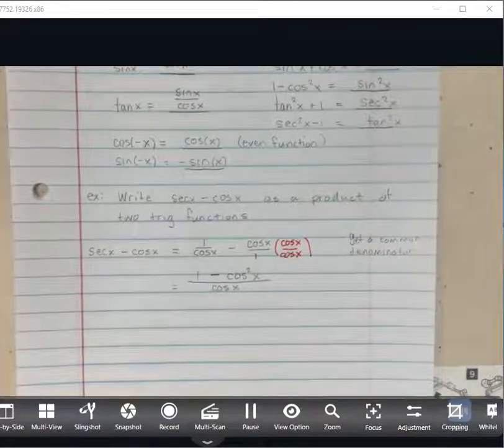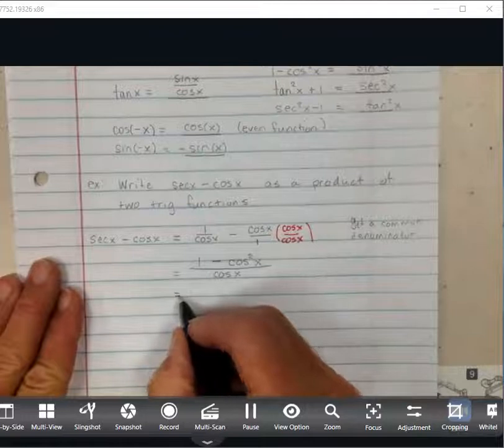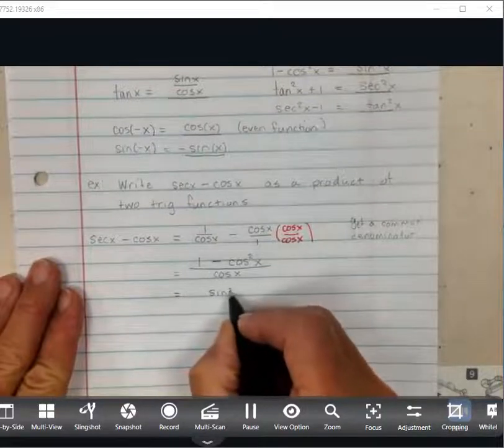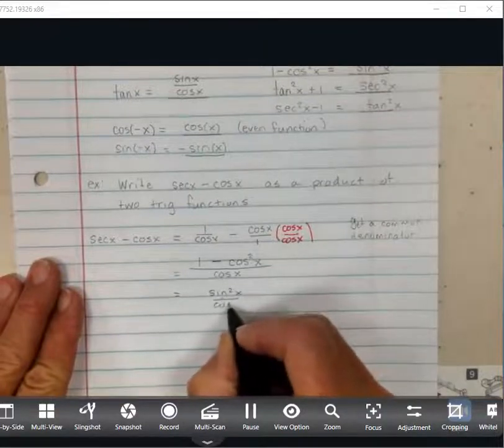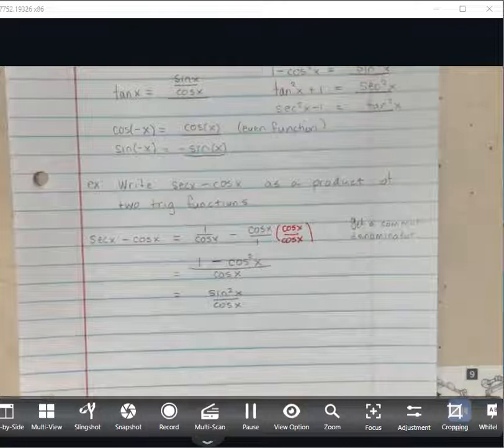But what did we say 1 minus cosine squared was? That is sine squared. So I've written it as a quotient. Now I want to write that quotient as a product. So I'm going to think of sine squared as sine times sine.